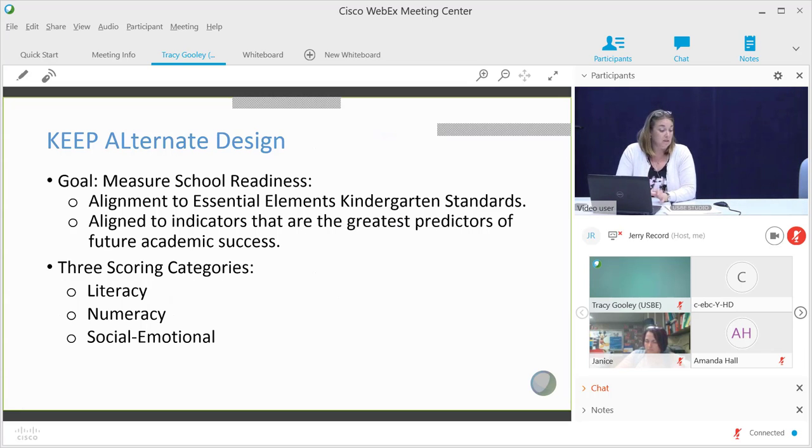Which essential elements align with that? So they actually sat down with us and went through each individual kindergarten standard and our essential elements and said these are the ones that align closest with what we have done on the regular KEEP. So that is how we came up with what essential elements we were going to choose to write the alternate assessment off of.